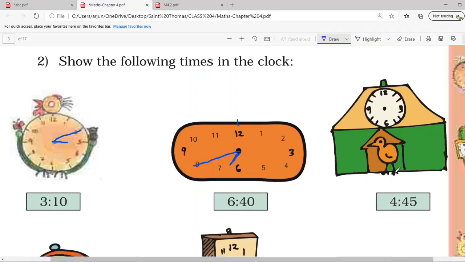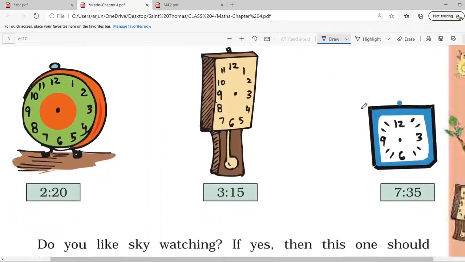The third one is 4:45. So the hour hand will be somewhere between 4 and 5 and the minute hand will be at 9. Similarly, 2:20, so the hour hand will be at 2 and the minute hand will be at 4. 3:15, hour hand will be at 3 and minute hand also will be at 15.